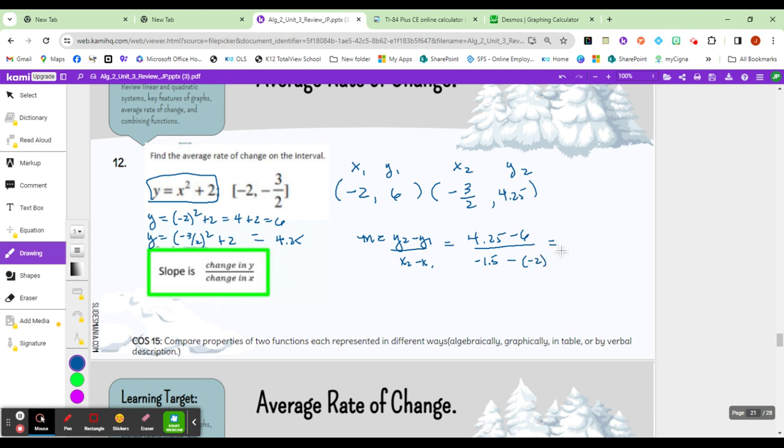Again, I'm going to use my calculator. 4.25 minus 6 is -1.75, and -1.5 minus (-2) is 0.5. Then I divide the top by the bottom, and I get -3.5.